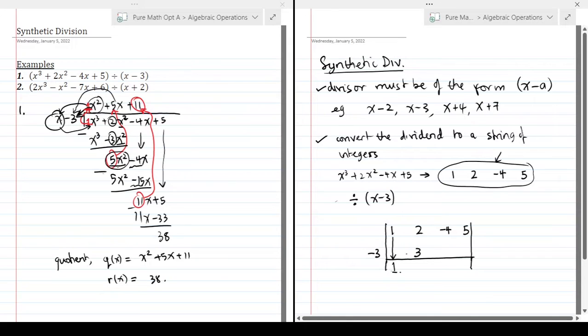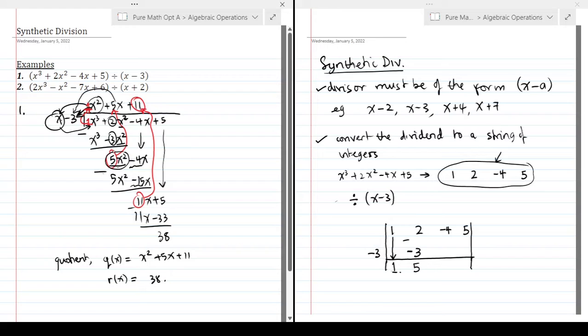So -3 multiplied by 1 is -3. I do the multiplication and put the -3 there. Now I'm going to do subtraction. 2 take away -3 is 5. That is this 5 that I have on the left-hand side there.